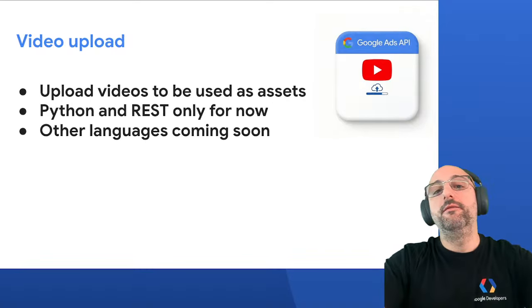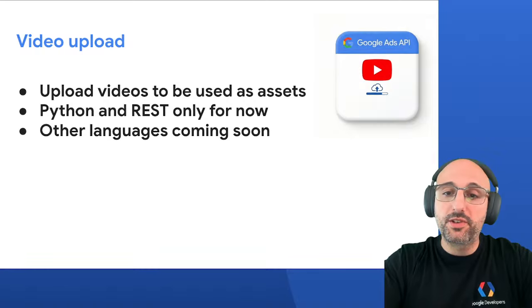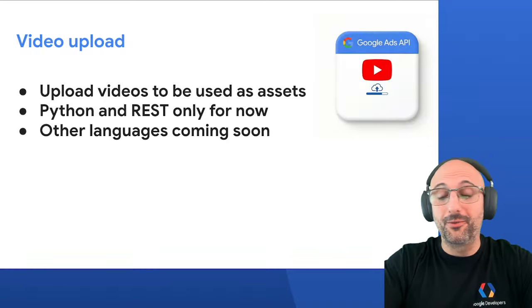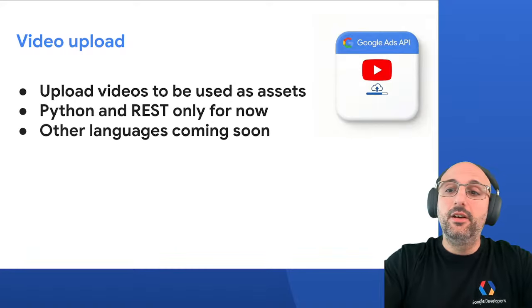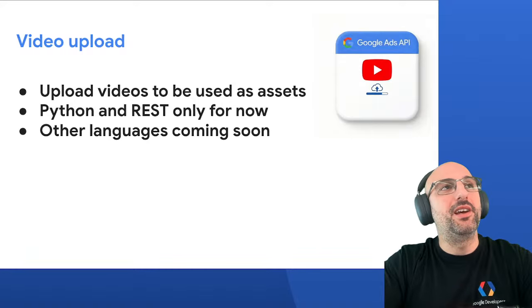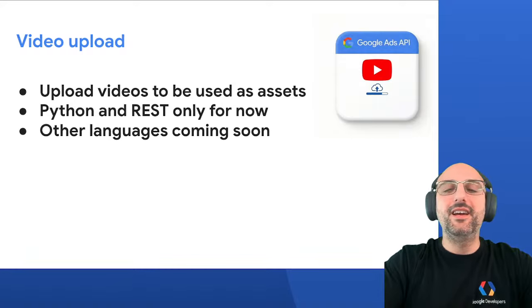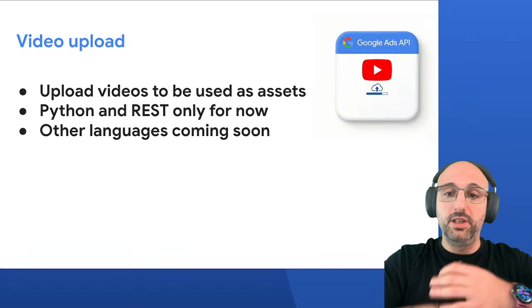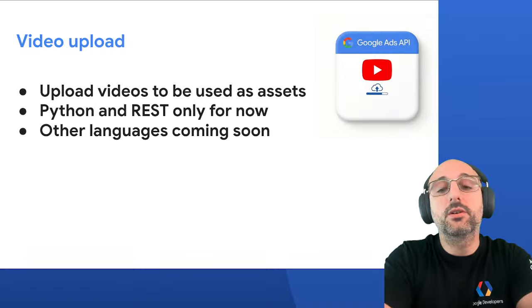Then, in V23.1, there was another feature that I was really happy about because I personally worked on this. When I started working on the Google Ads API back in 2018, I remember developers asking for this. So this has been a long time coming, and I'm really happy we finally landed this. It's the possibility to upload videos to be used as video assets using the Google Ads API.